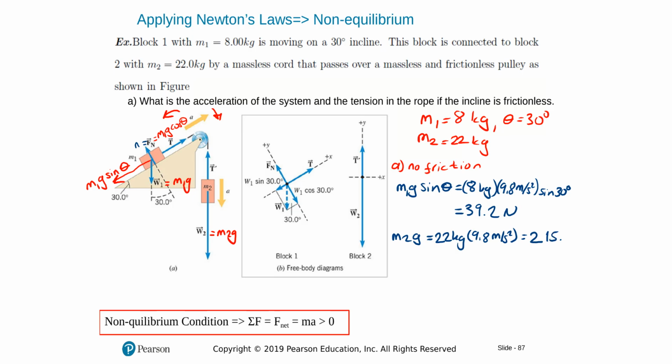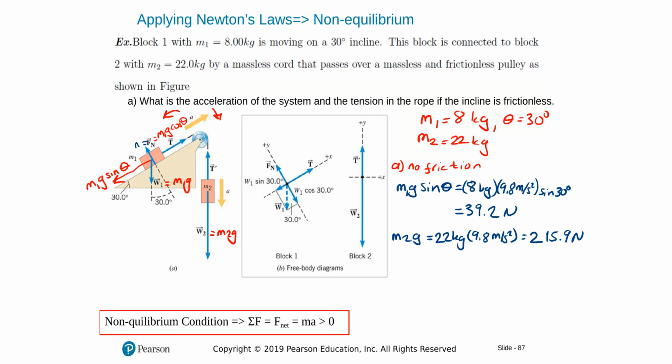So it's significantly larger than M1G sine theta. I could also see that in this case, because I'm taking a component of M1G and the whole M2G on the right side is affecting the system, and M1 is 8, M2 is 22, so obviously the system will go towards the direction M2G wants to move it.